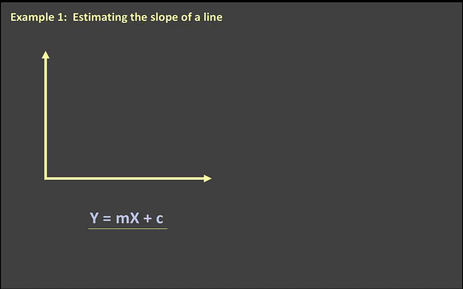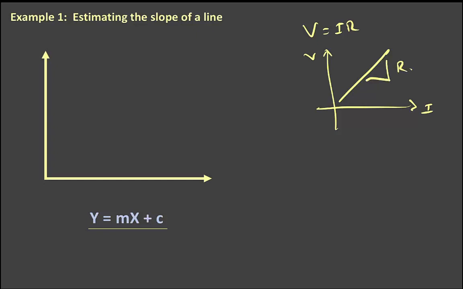A simple example might be Ohm's law, V equals IR. So if I draw a graph, then the slope, if this is the current and the voltage, is going to be the resistance. Even if I have a non-linear relationship, I can often transform those relationships so they do look linear.